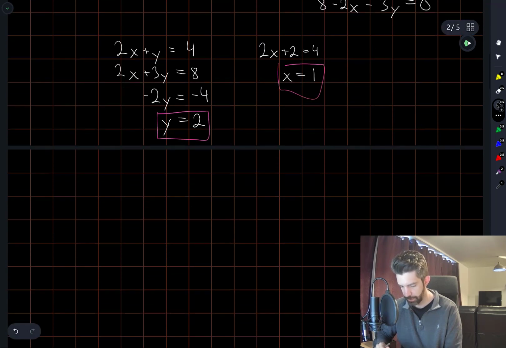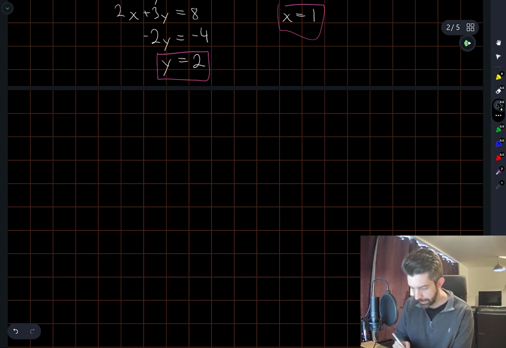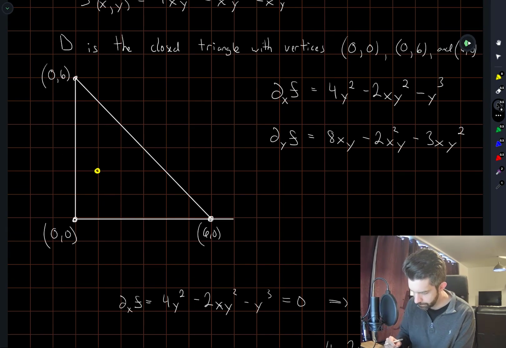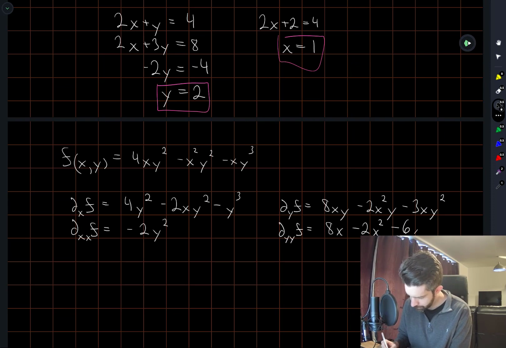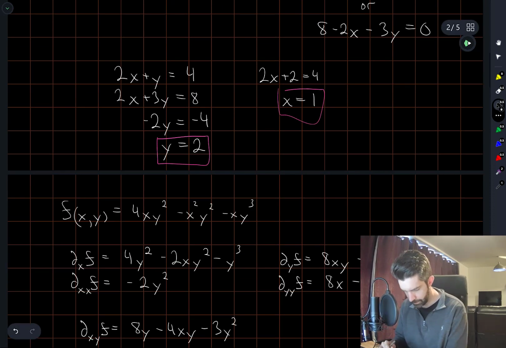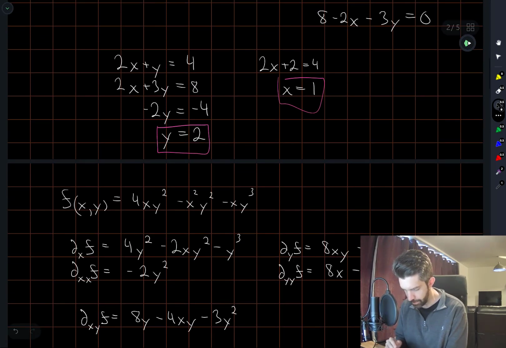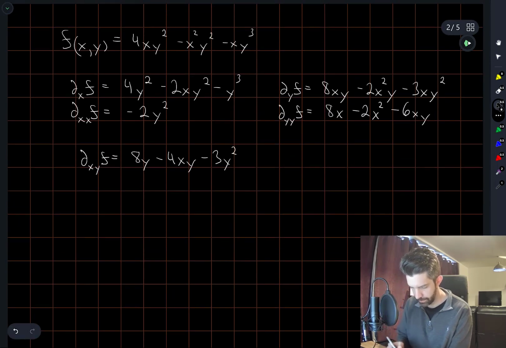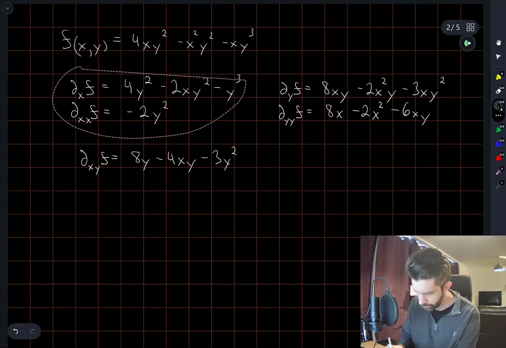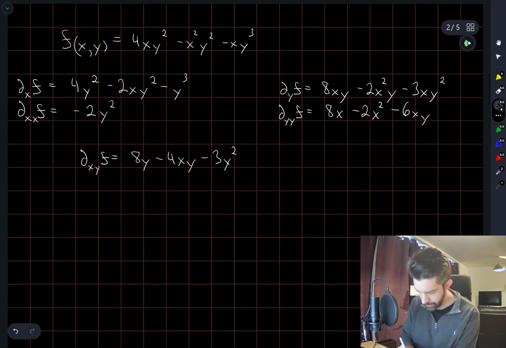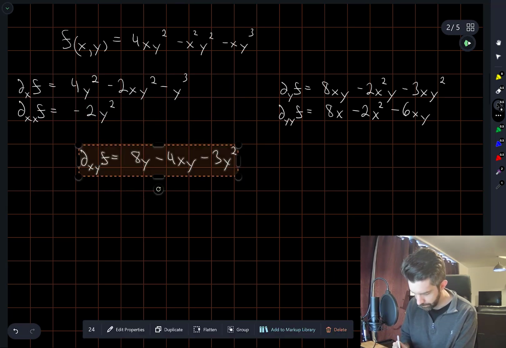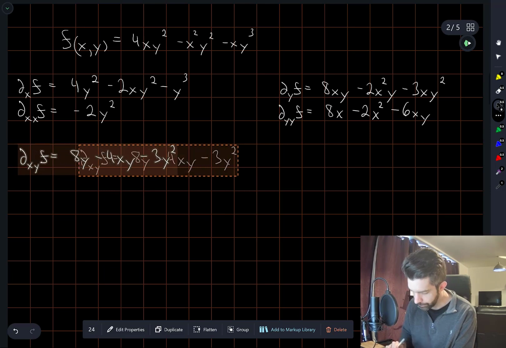Okay, so let's compute second derivatives. And the point I'm concerned with here is (1, 2). So I'm just going to evaluate each of these when x is equal to 1 and y is equal to 2.